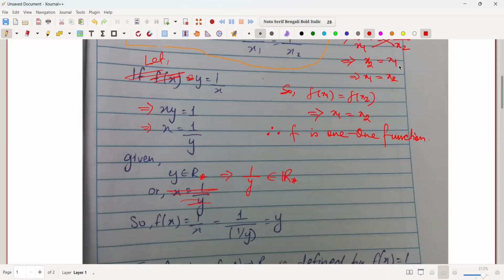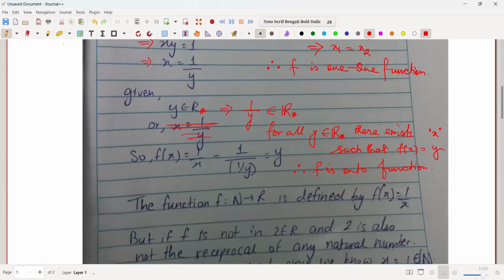So for all y belongs to R star, there exists x, such that f(x) equal to y, and therefore f is onto function.